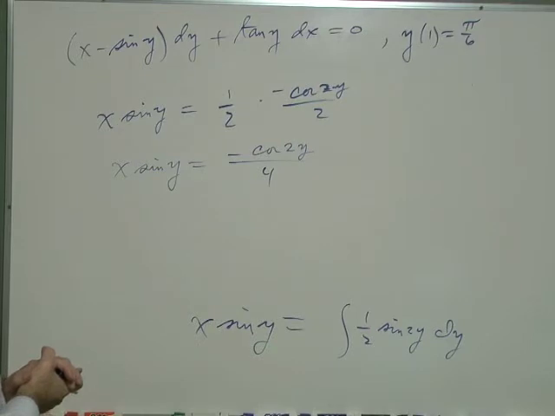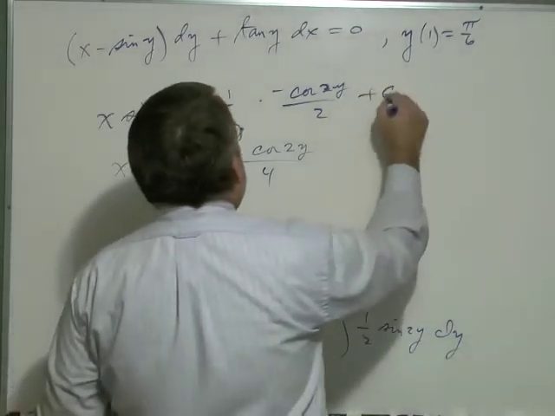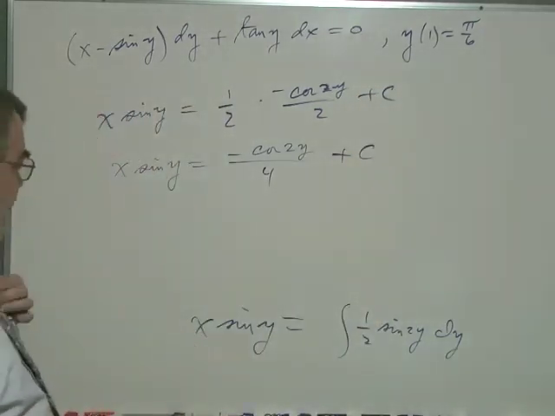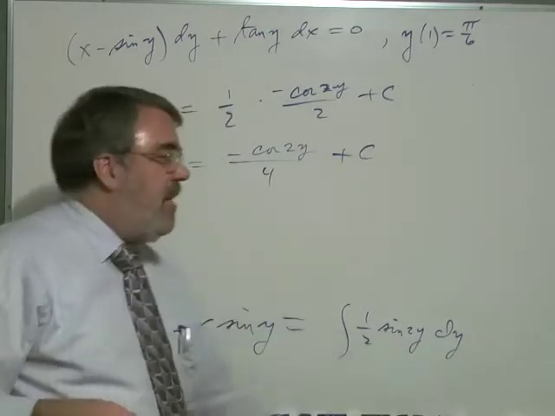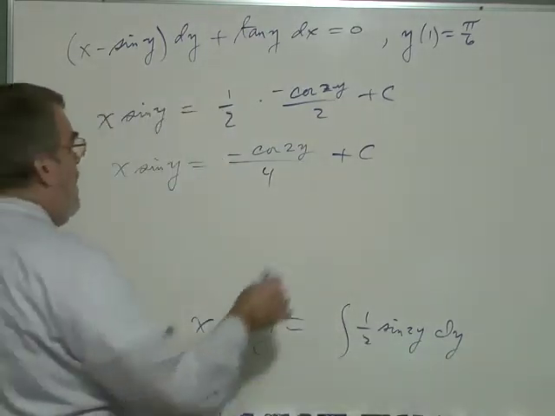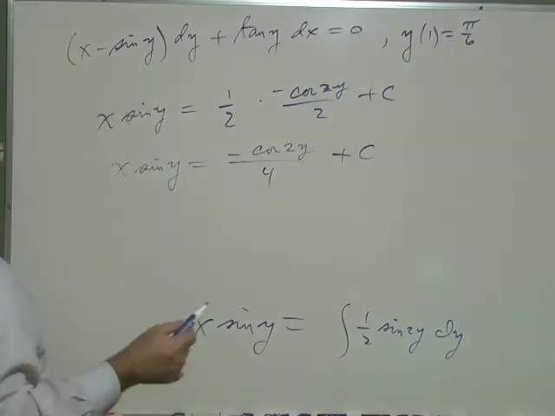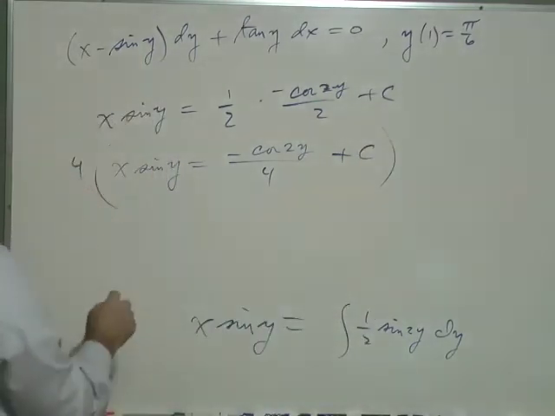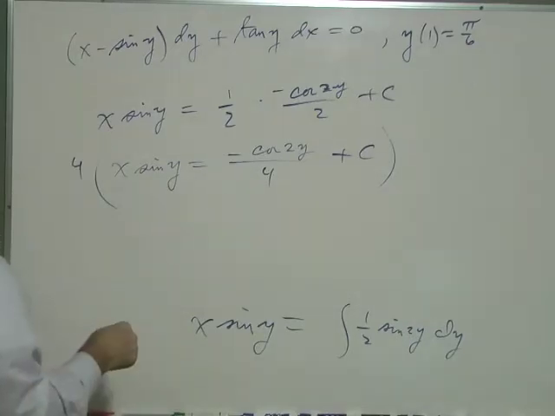And so at this point, let's plug in our initial conditions. Oh, I forgot my plus c, didn't I? Plus c. Okay. Well, because we integrate, we need an additive constant somewhere. Got our plus c in. In that case, let me go ahead and multiply this equation by 4 to get rid of this.